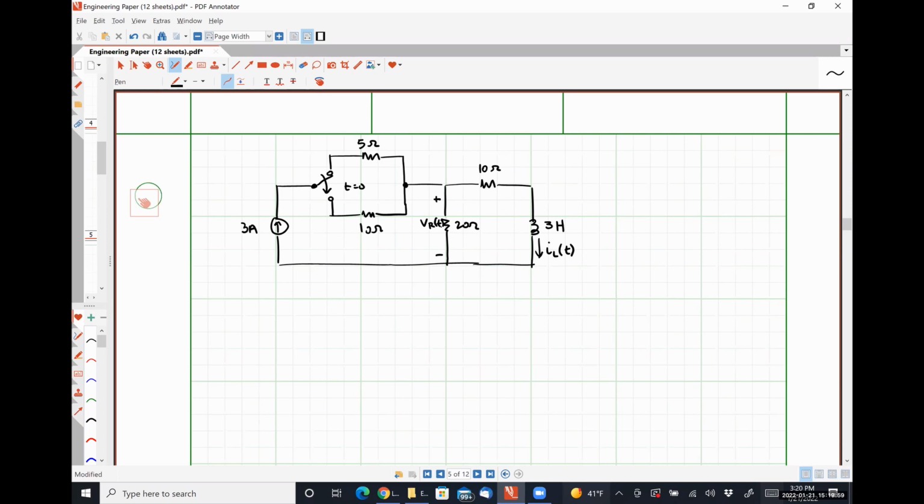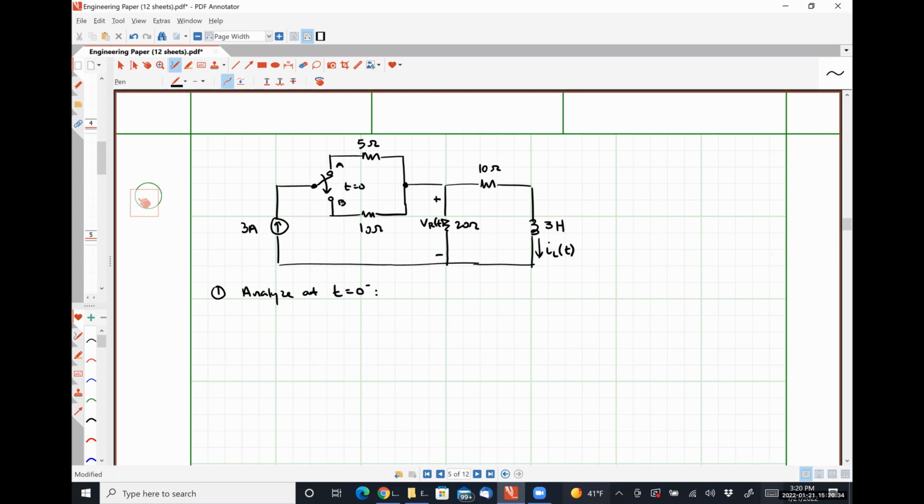Our first step will be to analyze the circuit at t equal to 0 minus. I'm going to label these positions A and B. At t equal to 0 minus, the switch is closed at position A, which means the 5 ohm resistor is in the circuit, and the 10 ohm resistor below it has one leg left dangling, so it's not going to influence the behavior at all.